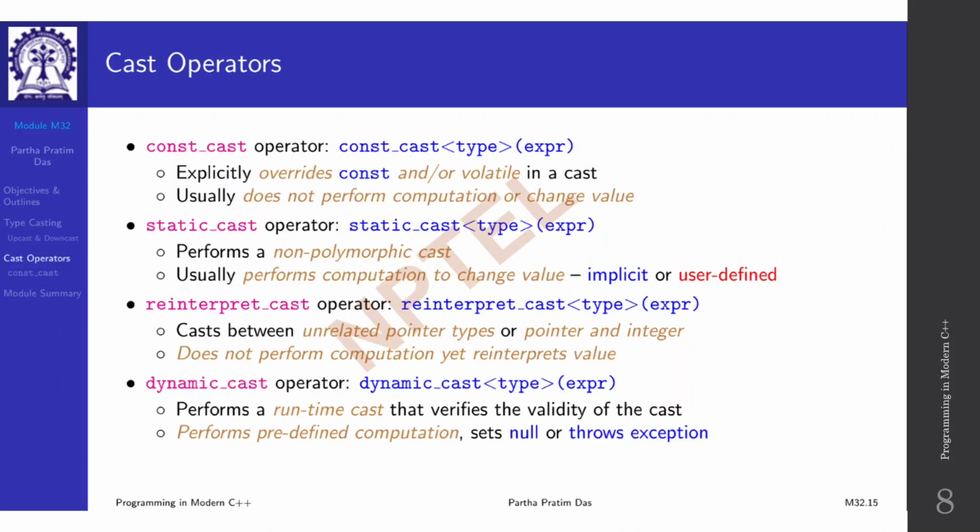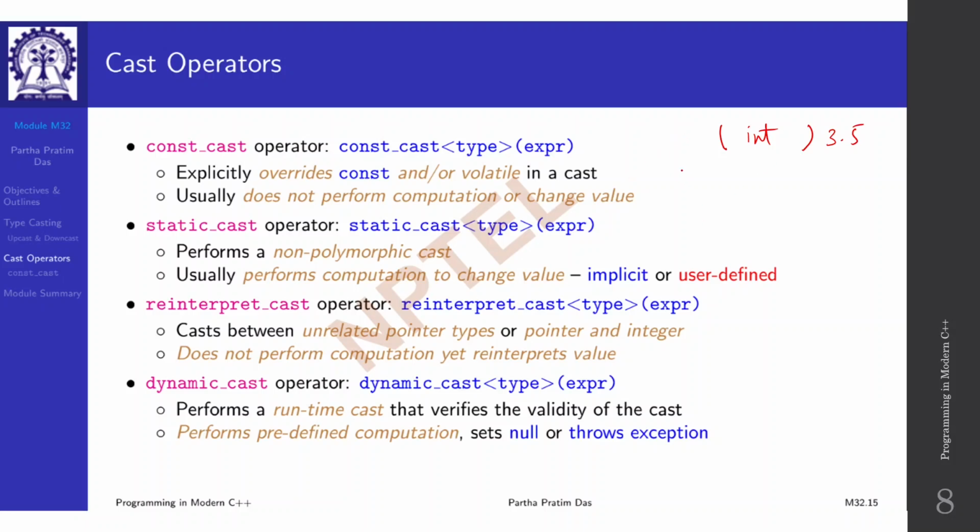And then he went over the C++ typecasting operators. Now, as we all know in C, if we have to explicitly cast something, we write in brackets the name of the type. Like we can write here int, and then we can put a double value. This will be typecasted to an integer.